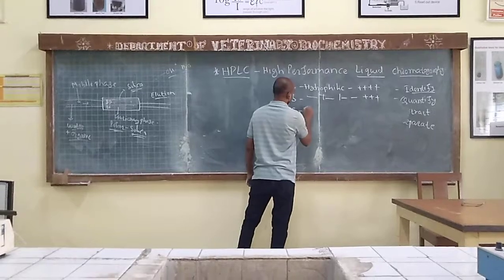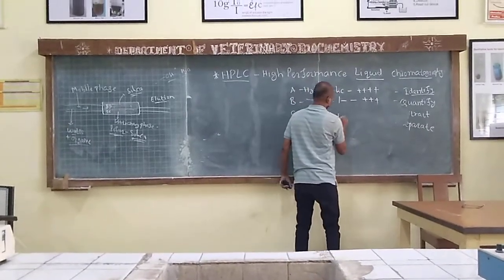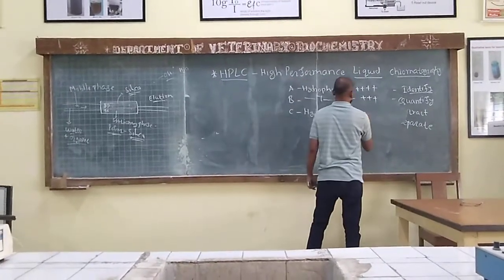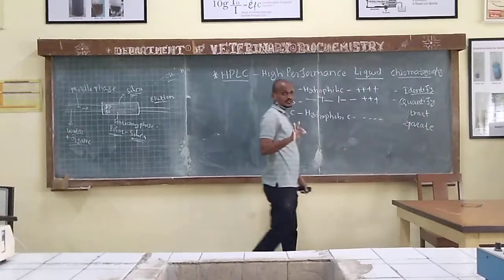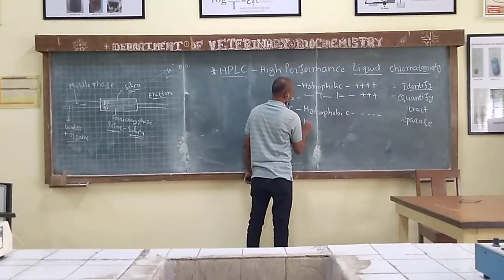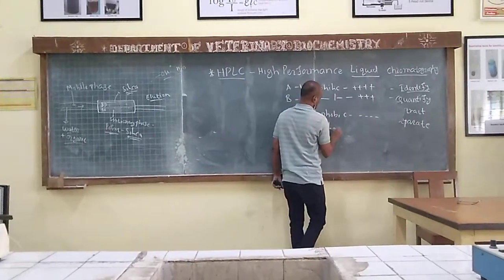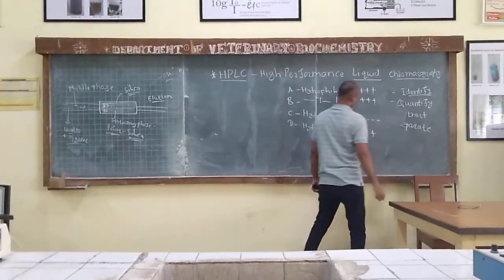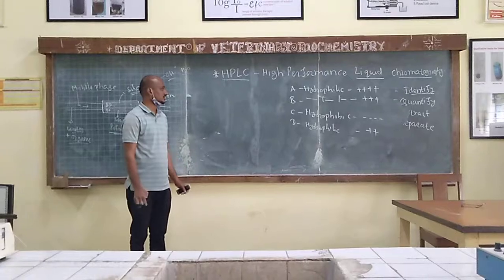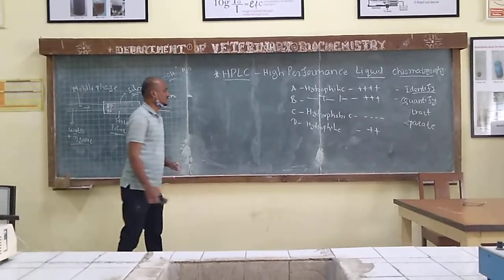C molecule is hydrophobic; it doesn't like to interact with water. D molecule is hydrophilic. So these types of hydrophilicity are there. Now you tell me, which molecule do we expect to get first?